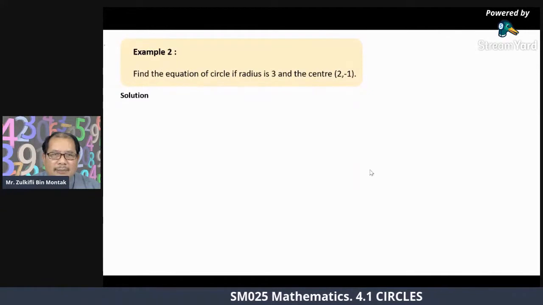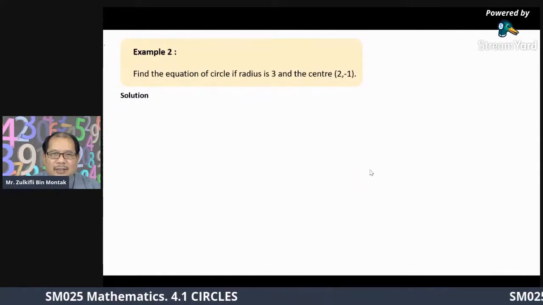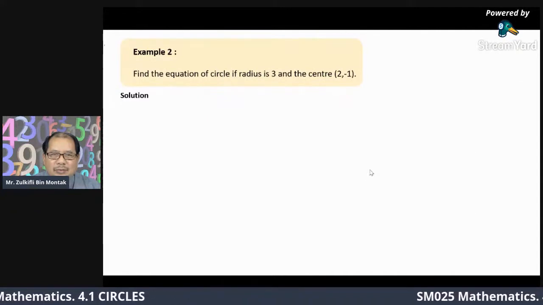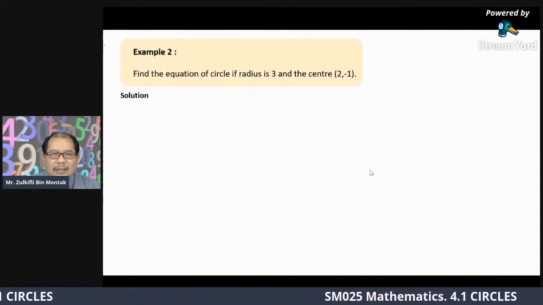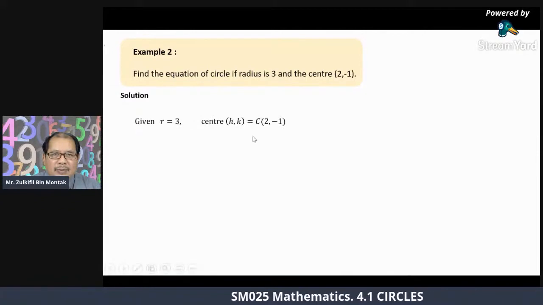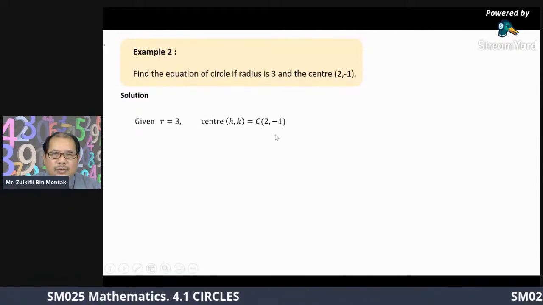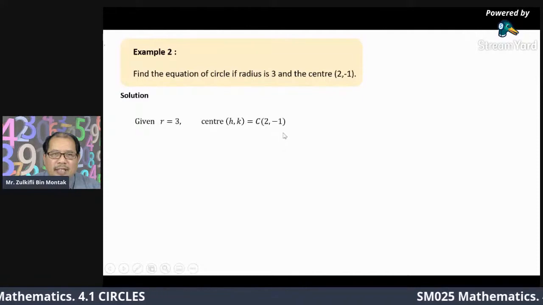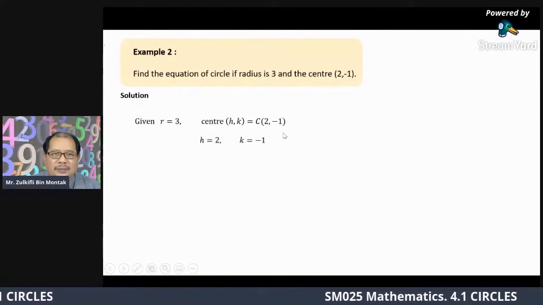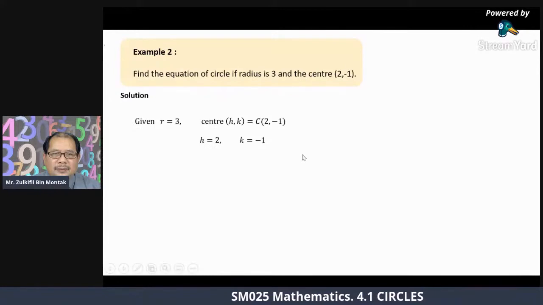Next example, find the equation of circle if the radius is 3 and the center is (2, negative 1). In this case, r equal to 3 and the center (h, k) equal to (2, negative 1). That means h equal to 2 and k equal to negative 1.